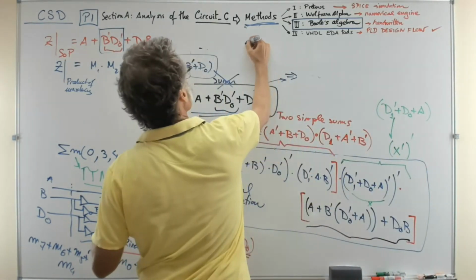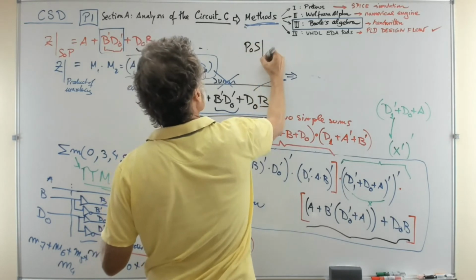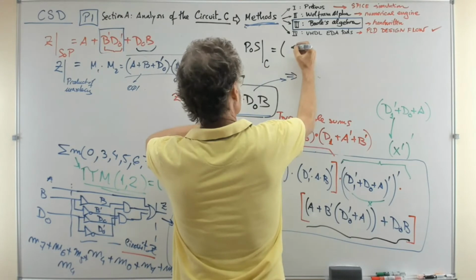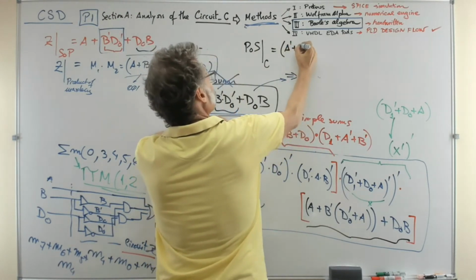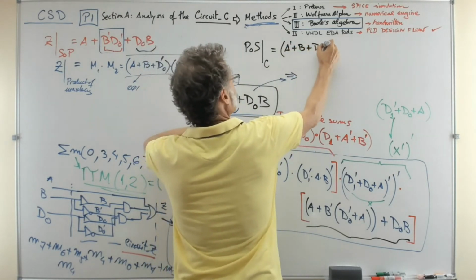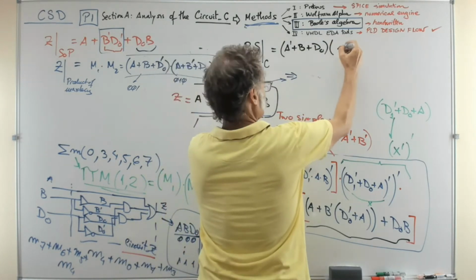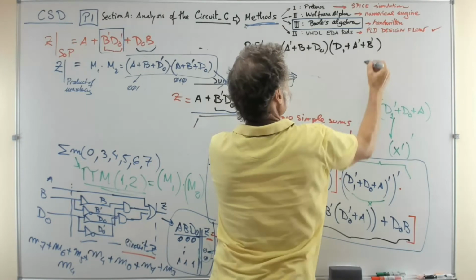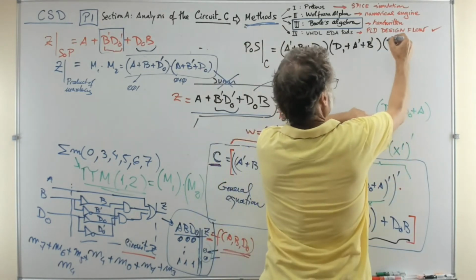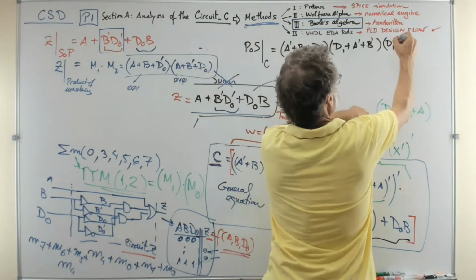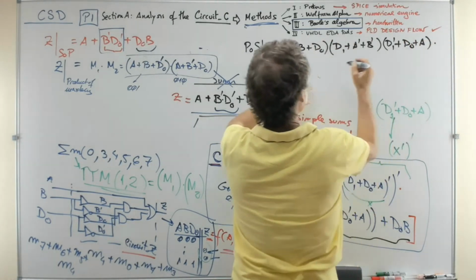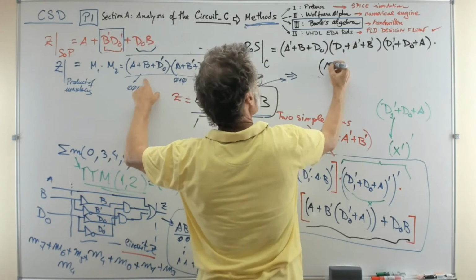This is going to be the product of sums of the secant C, which is that one here from the W, A naught or B or D0, the other one D1 or A naught or B naught, the other one D1 naught or D0 or A, and the two additional ones that you found now.